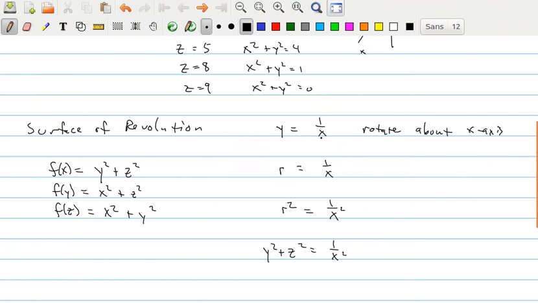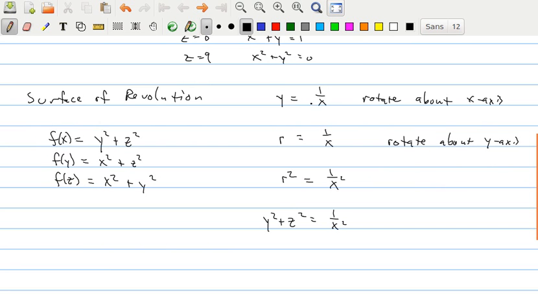If we were to take this and say rotate about the y-axis. Okay, this is going to be a little trickier. So we're going to take this curve, rotate it around the y-axis. Well, I want to have y by itself. So if I isolate all the y's, well, this is already isolated for y. So that says that my y value, now this x is representing the distance from the axis.